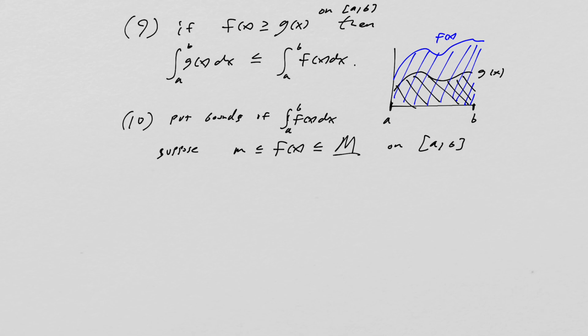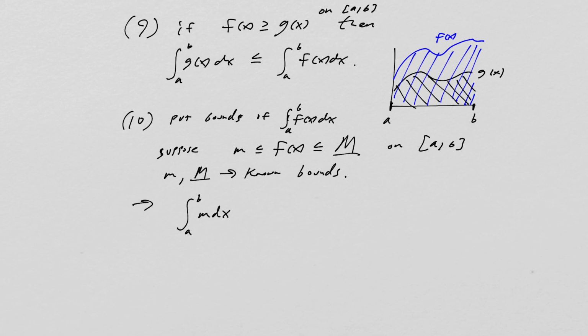We'll say that they're known bounds, numbers that we know are smaller and larger than what f puts out on that interval.